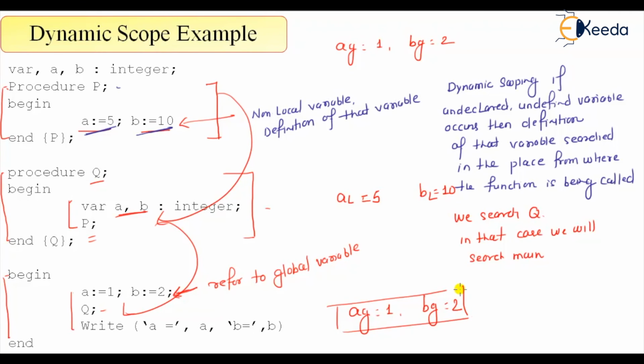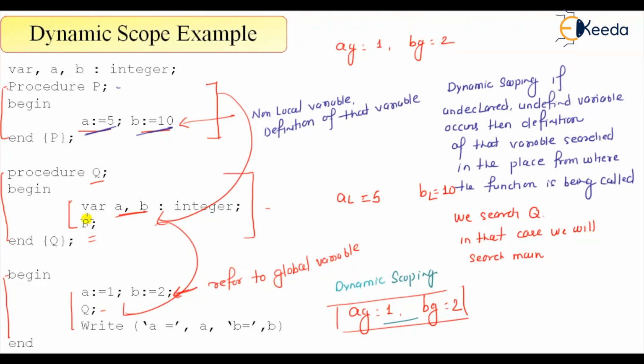Now you can feel the difference from the printing value in the previous case of lexical scoping. This is the answer in the case of dynamic scoping: the printed value will be 1 and 2.